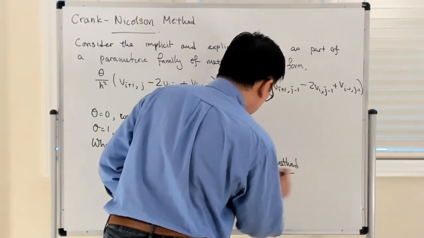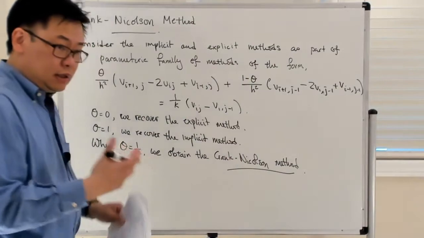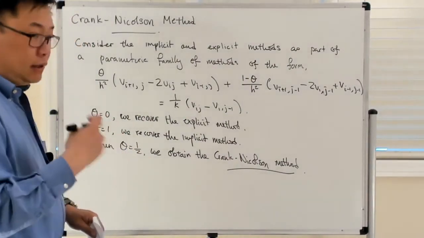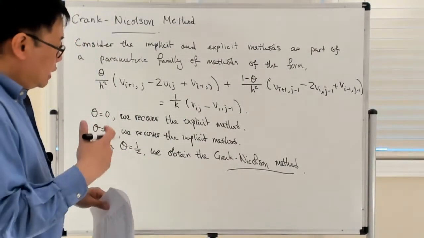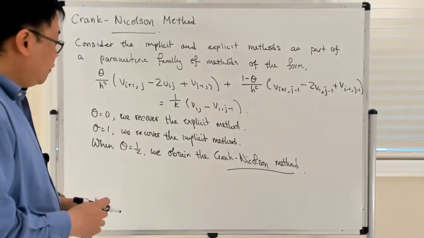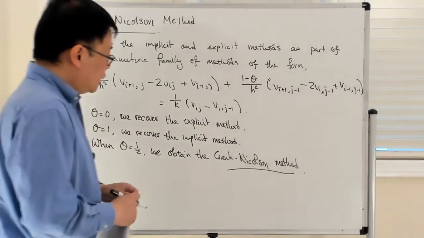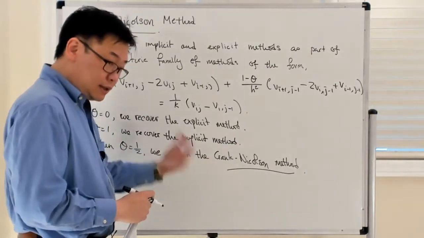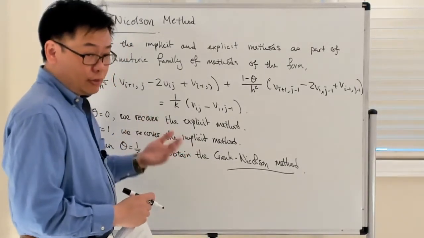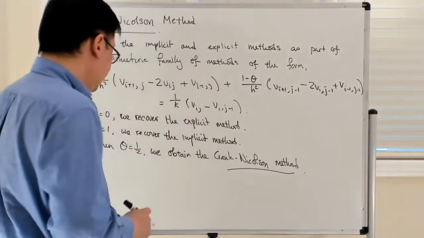And along this line of semi-discretizing the differential operator and then discretizing in time via a numerical ODE method, the Crank-Nicolson method can be viewed again as a semi-discretization and then applying the trapezoidal rule to the semi-discretized system, right?